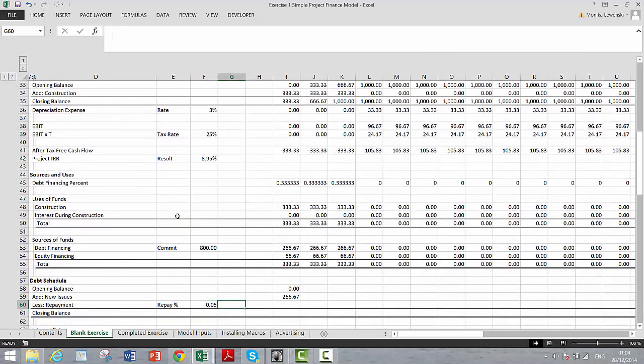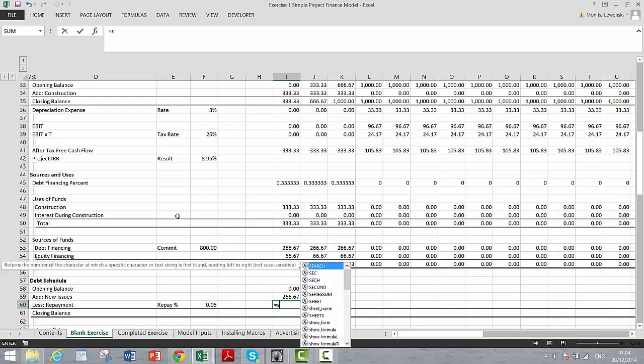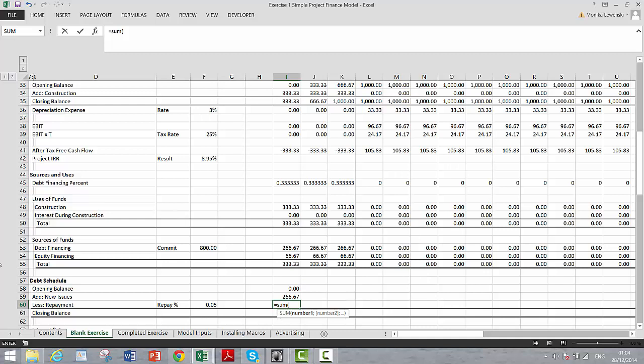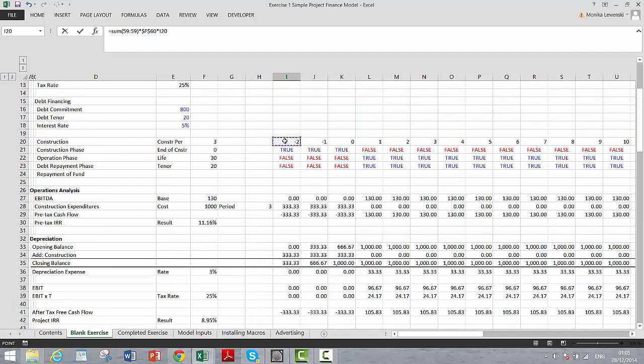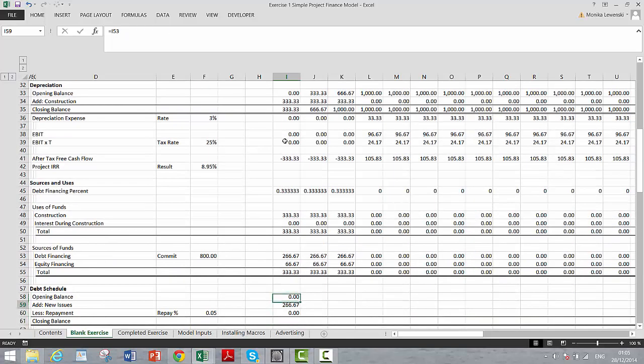Again, this is supposed to be a really simple model, so what you can do is take the sum of this line, that's how much we're going to issue, and multiply that by this one, and only perform this function when it's the debt repayment phase. Do you think that'll work?